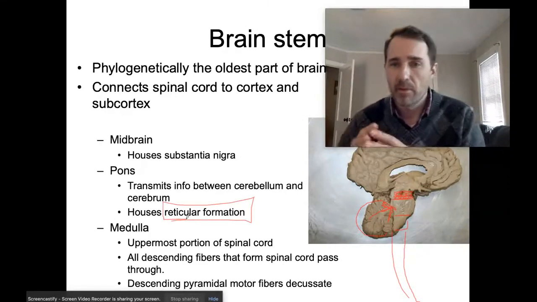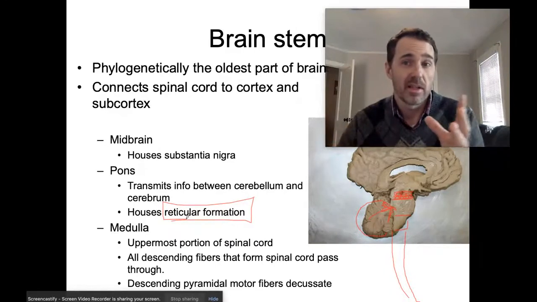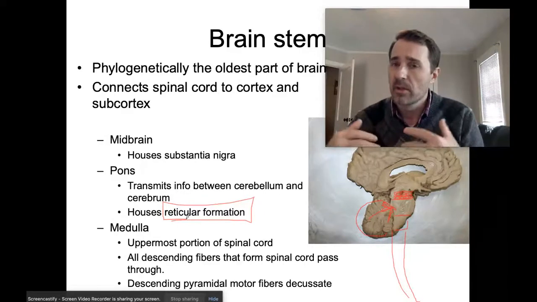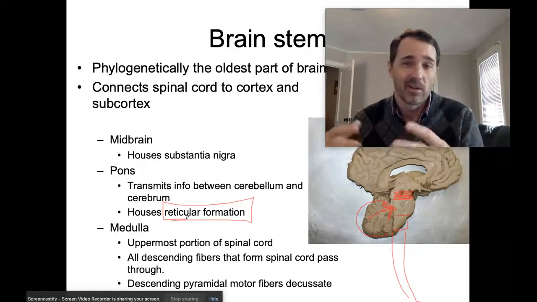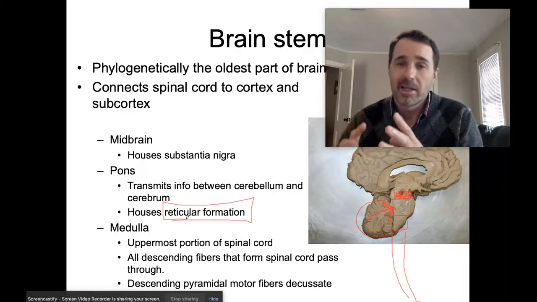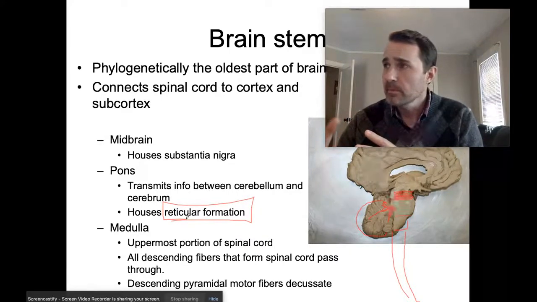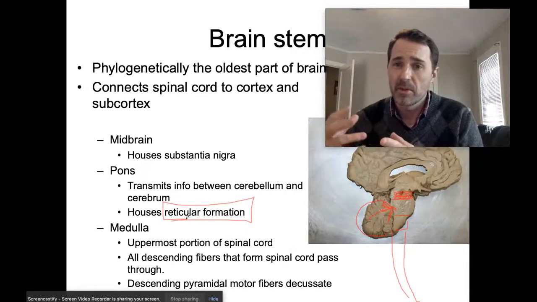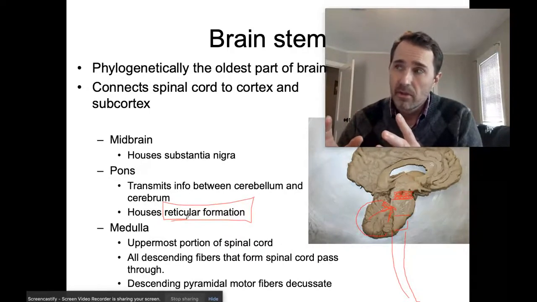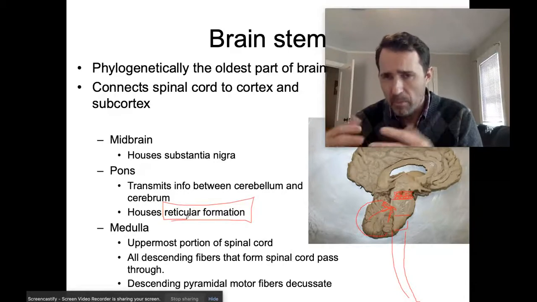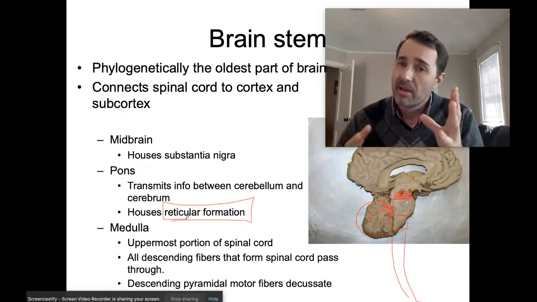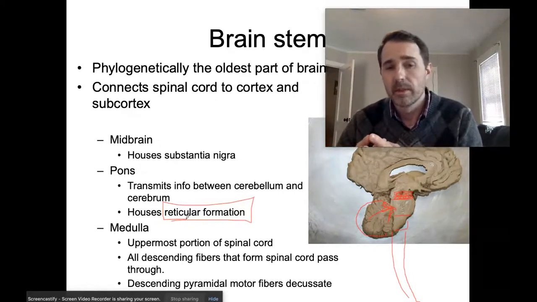This is the part of your brain that regulates your sleep and wake cycle, and your level of arousal, meaning your level of consciousness. If someone has damage to the brainstem, they're probably going to have damage to the reticular formation at the pons, and they're going to have trouble having the appropriate level of consciousness. This would be someone in a vegetative state or in a coma.